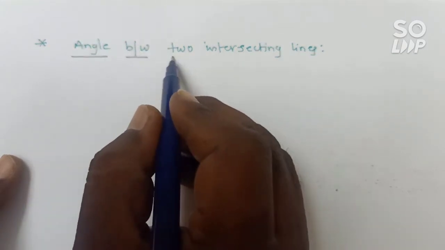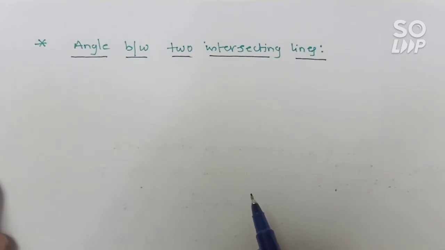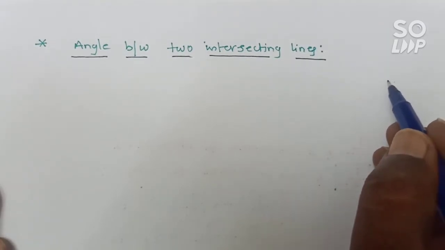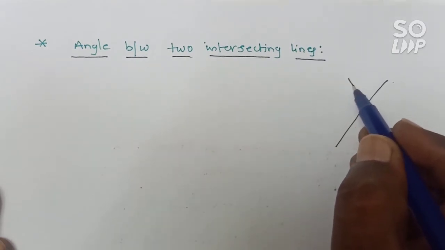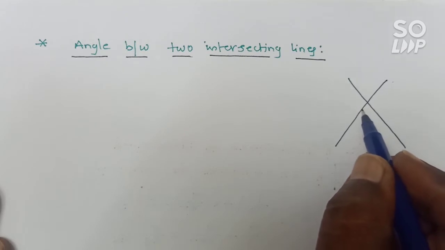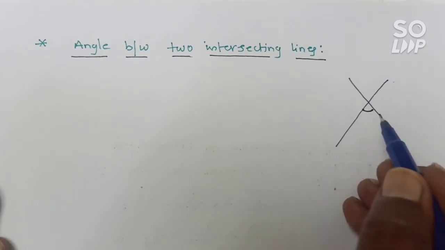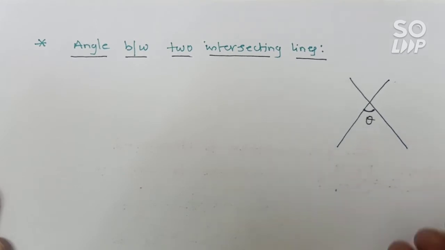First of all, you draw the figure. Let one line be this one and another line be this one. If these two intersect, then this is the angle between the two lines. Let theta be the angle between them.